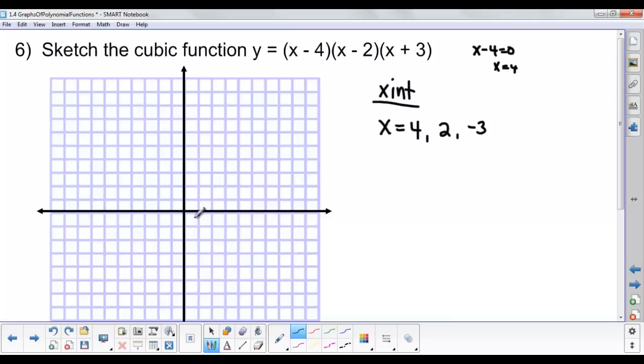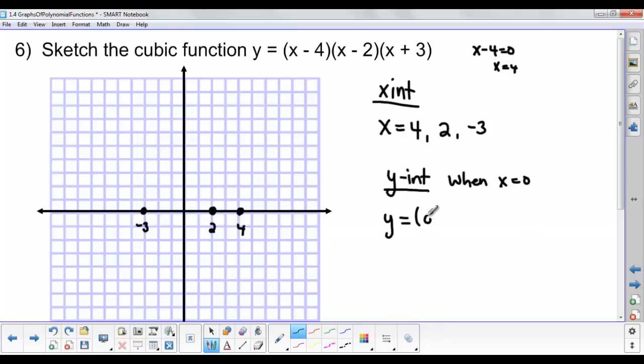Okay, so let's plot those points. 1, 2, 3, 4, 2, and negative 3. The next thing we want to plot is the y-intercept. And that happens when x equals 0. So let's solve for that.